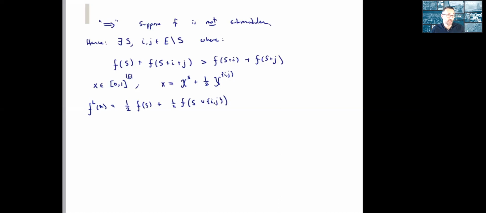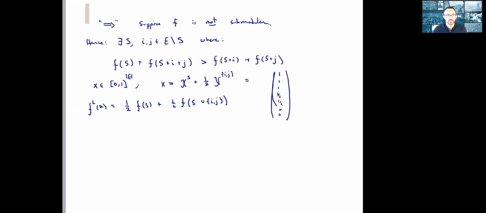But now let's see, is this also minimizing? So can we find a different decomposition of the set? X is going to basically be 1, 1, 1 on all elements of S, 1/2, 1/2, and zeros. This is what X looks like.